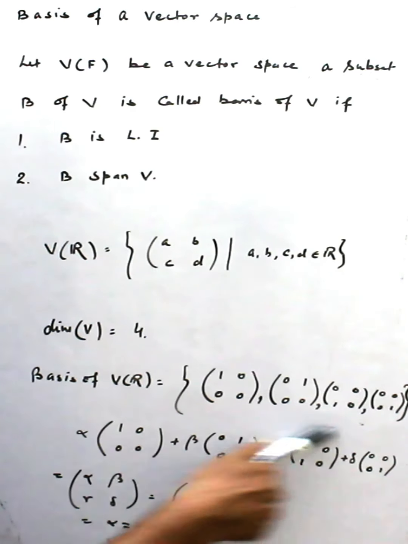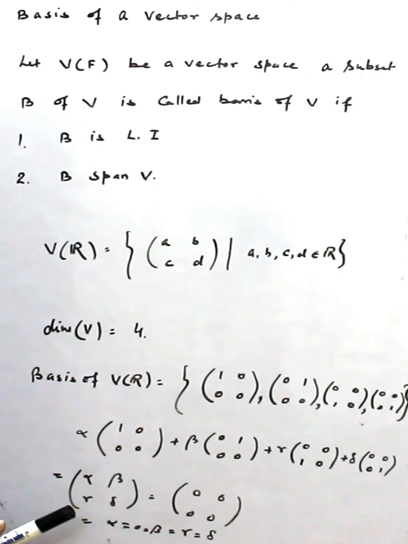So this subset is linearly independent and forms the basis, right? So this is the way.